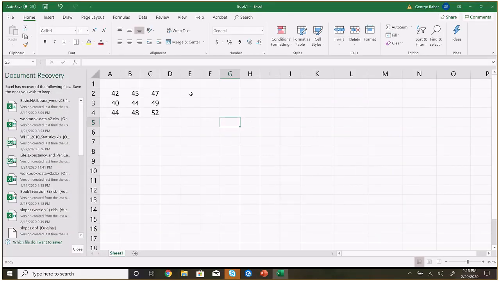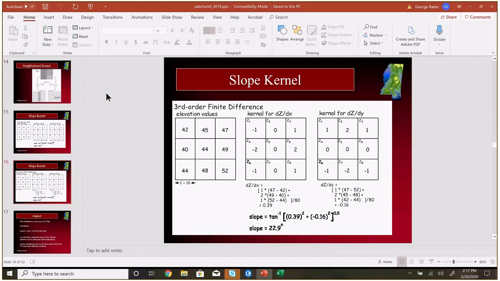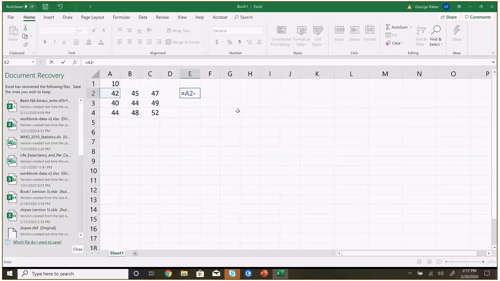what I could do is say equals this value minus that value divided by, I'm going to make this cell size, and say 10. So that's going to equal this minus, what's the right way? No, they were doing it the other way, which is fine. This minus this divided by that. And you have to put this in parentheses.